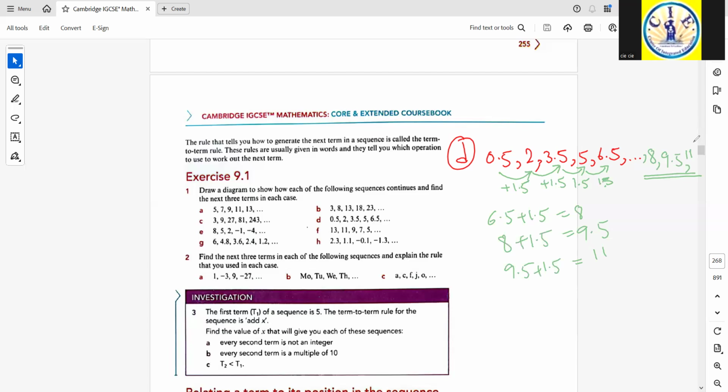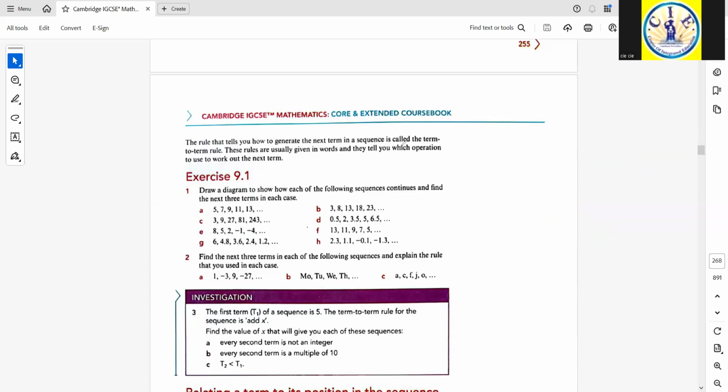Okay. Then it is part E, for example, 8, 5, 2, -1, -4. Now we can obviously observe that the numbers are decreasing. So it might be the case that the numbers of the sequence are got by dividing the previous term by some amount or by subtracting.